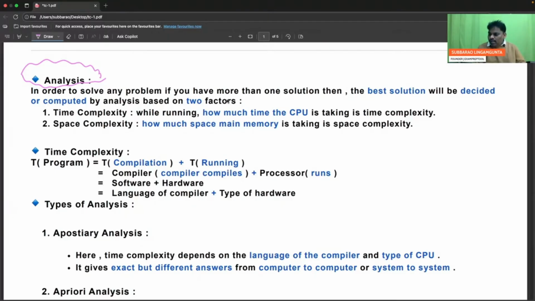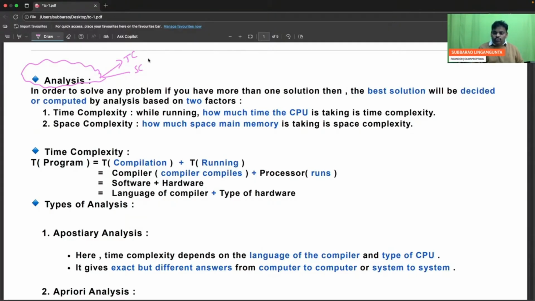Analysis purpose is not only finding time complexity, space complexity also. If a problem has more than one solution, the best solution will be identified by these 2 factors.